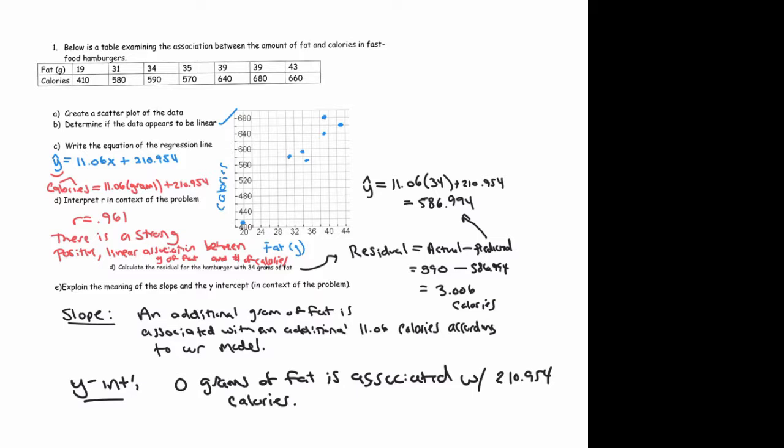Okay, so again, I'm just interpreting the y-intercept in context. So basically, according to our model, if you come across a burger that has no fat, a fat-free burger, then you should expect that such a hamburger would have 210.954 calories, according to our model.